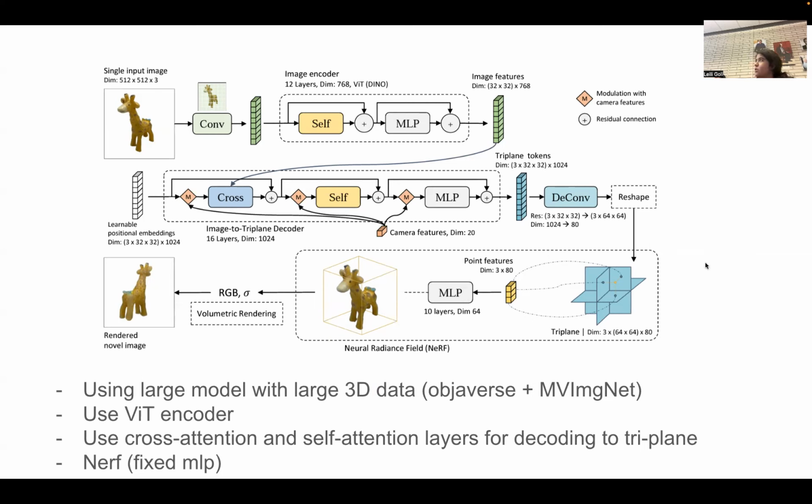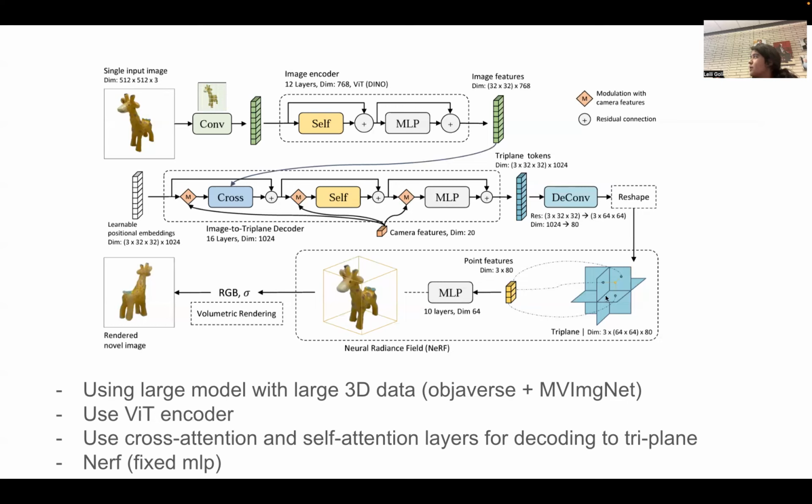The architecture is a very large transformer, and I'm going to go through all of it. They start from a single image of 512 by 512 and get features through a convolutional layer, and then they have 3 different parts to their model. The first is an image encoder based on the DINO vision transformer, and then a bunch of attention layers that they call a decoder, which goes from the encoded features to a triplane representation.